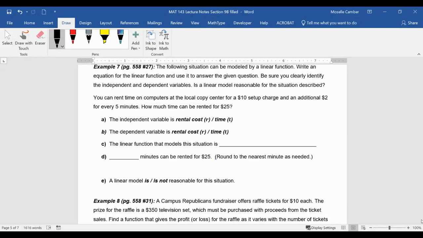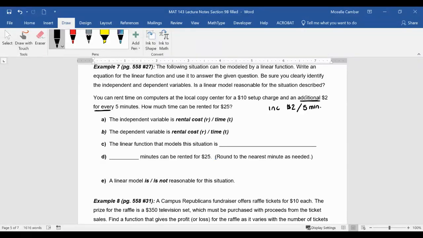You can also look at the rate they give you to help you figure that out. So if you're looking for the keywords here, we have an additional, which is our change word, and then we have for every. So we are increasing $2 for every, another word saying per, 5 minutes.